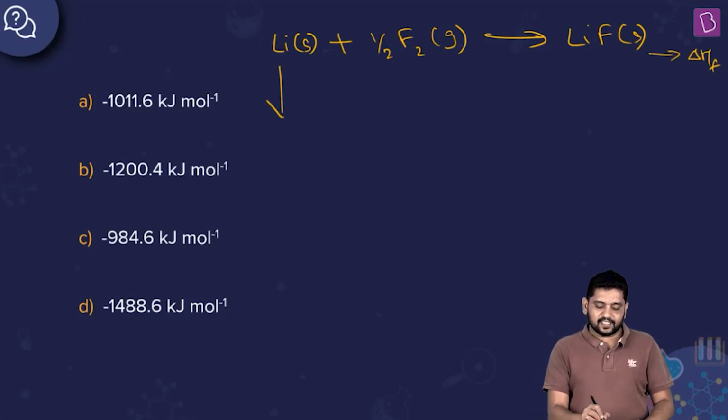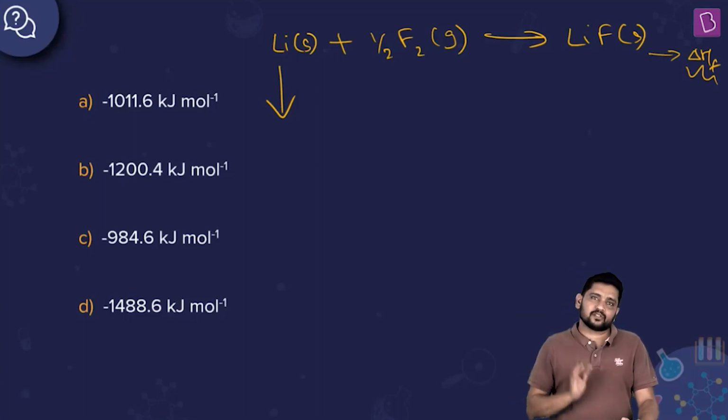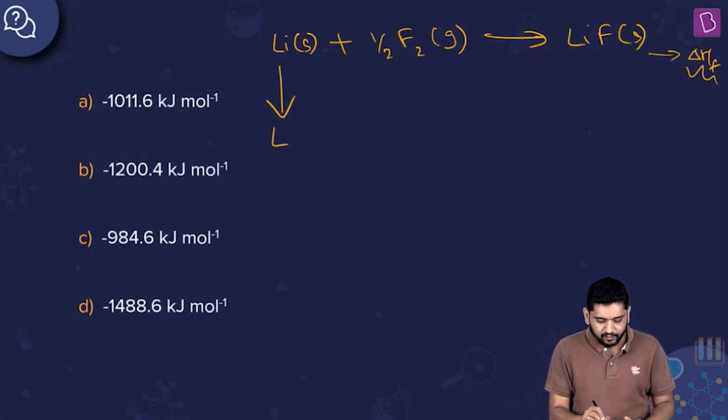This is what is going to be called the enthalpy of formation. The Born-Haber cycle tells us that instead of this single-step enthalpy, I can divide it into multiple intermediate steps that actually take place, and the sum of all of these enthalpies equals the enthalpy of formation. First, I convert Li solid into Li gas, then into Li plus gas.